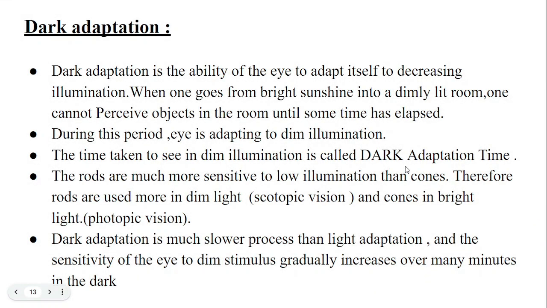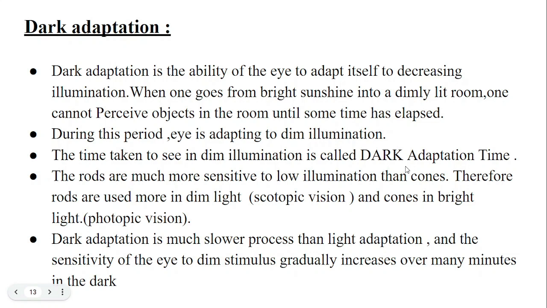Dark adaptation. Dark adaptation is the process by which the eye adjusts to low levels of illumination, such as when going from a brightly lit area to a dimly lit area. During dark adaptation, the sensitivity of the retina to light increases as the eye adjusts to the lower level of light.